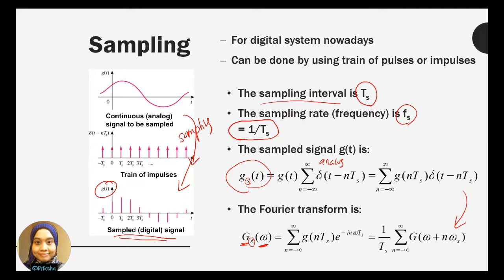We have this equation for the time domain or analog signal, and you need to know how to change it into the Fourier transform by changing it to this equation.